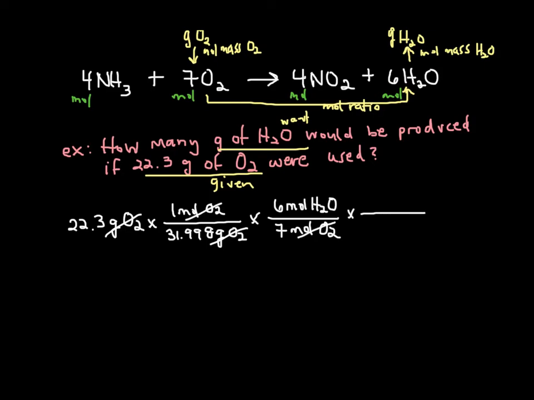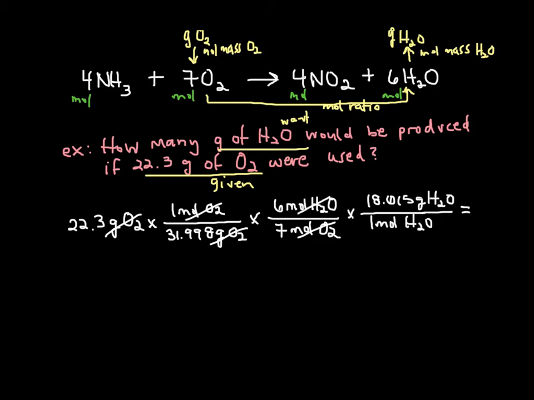And then if we were to stop right now, we would be left with moles of water, which is not what they asked for. They asked for grams of water, so we've got to use water's molar mass. So the molar mass of water is 18.015 grams per mole.